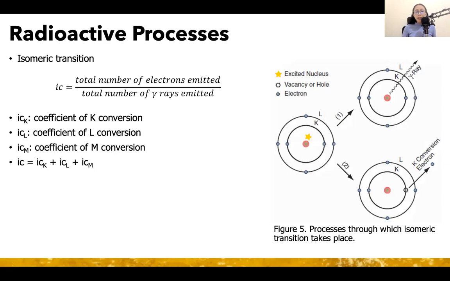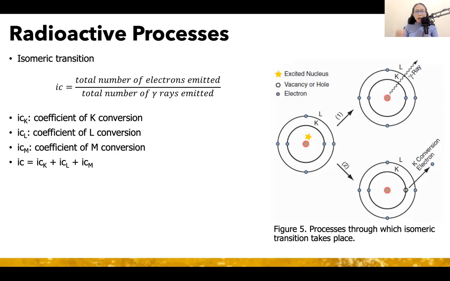Now, in a specific population of a radionuclide, to be specific, a nuclide that is in an excited state. So if you have 100 molecules or 100 nuclides in an excited state, not all of them will undergo the same way. Not all of them will release gamma rays, nor will all of them undergo internal conversion.